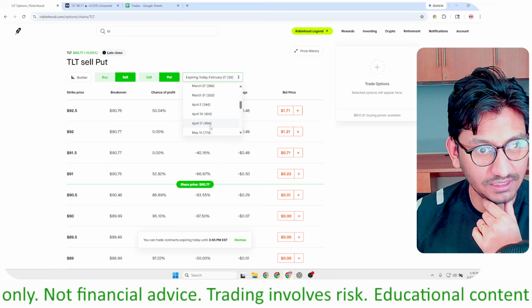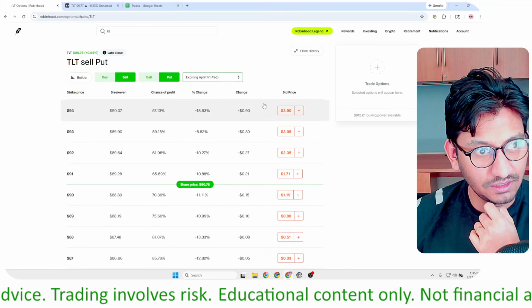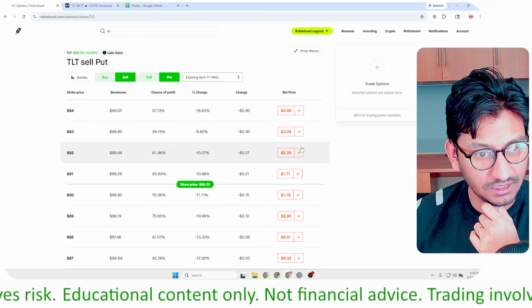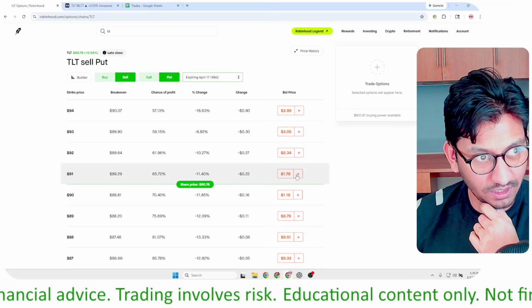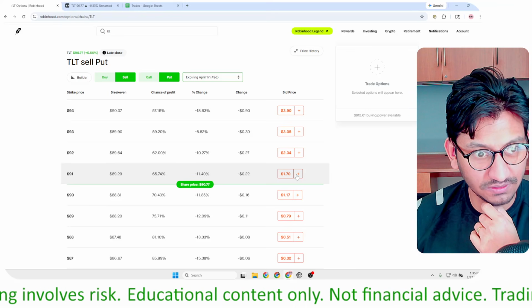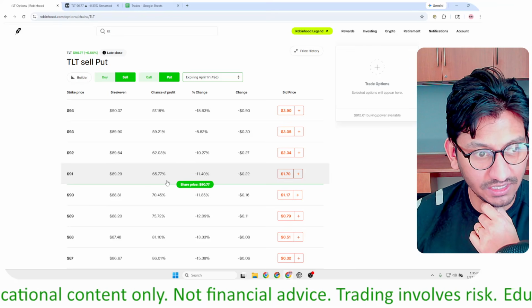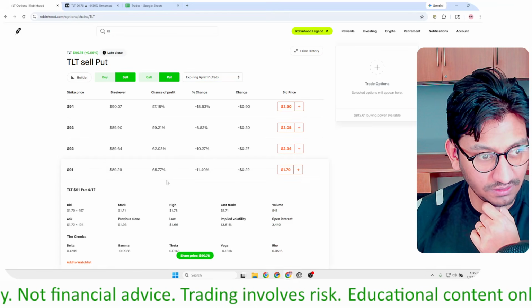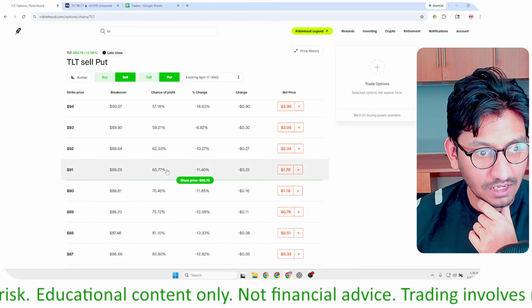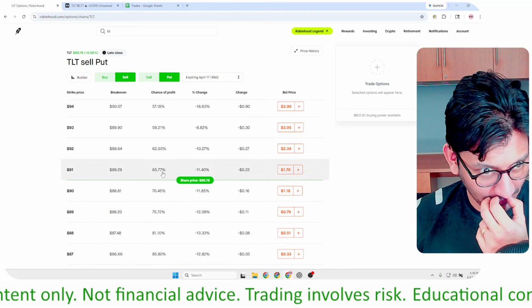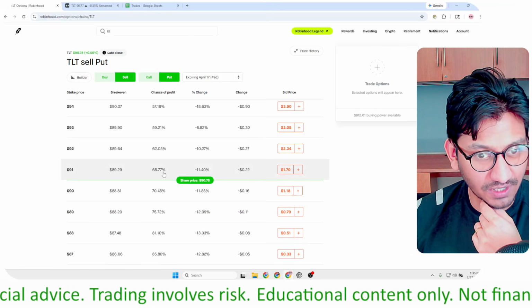Okay, we have 49 days. Okay, so 91, current price is 90.77. If I go to the add the money thing, the delta is about 48, and the chance of profit is 65%.